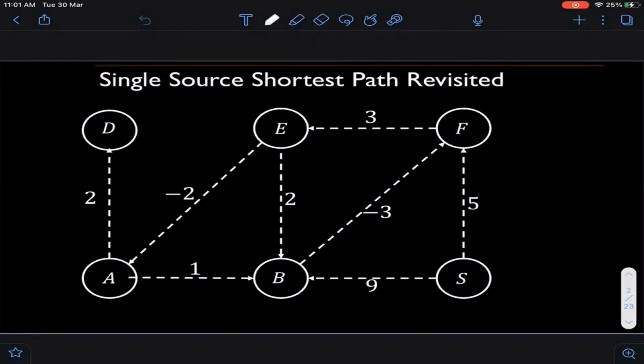Maybe you are managing a set of inventories, and you can effectively model the buying and selling using edges in your graph. So there are applications when you might need to consider negative edges.